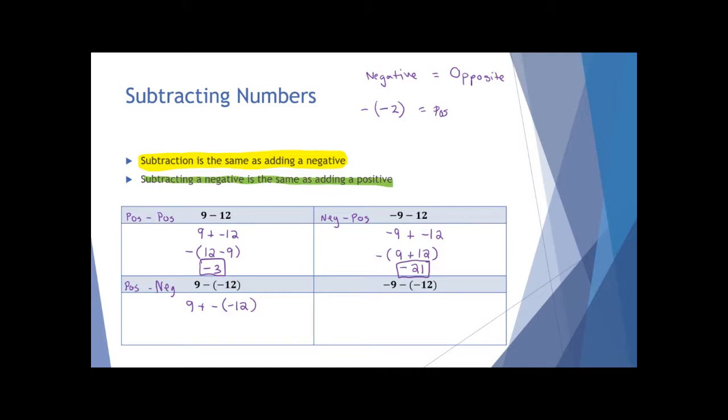So that's the two negatives. The opposite of a negative is a positive. So this is 9 plus 12. So if you have two negatives there, you can turn that into a positive. They cancel. 9 plus 12 is 21. So this gives us a positive 21.